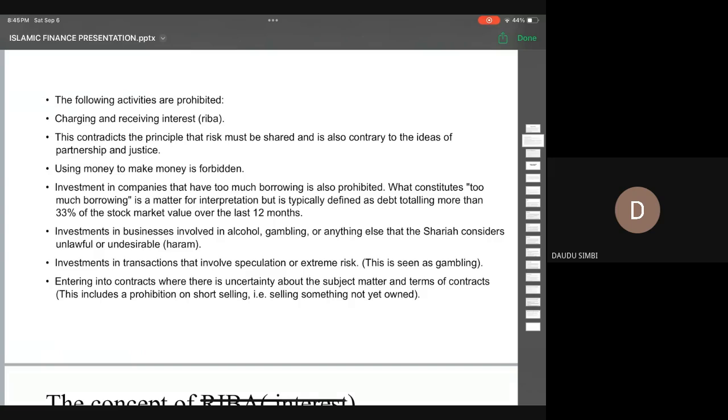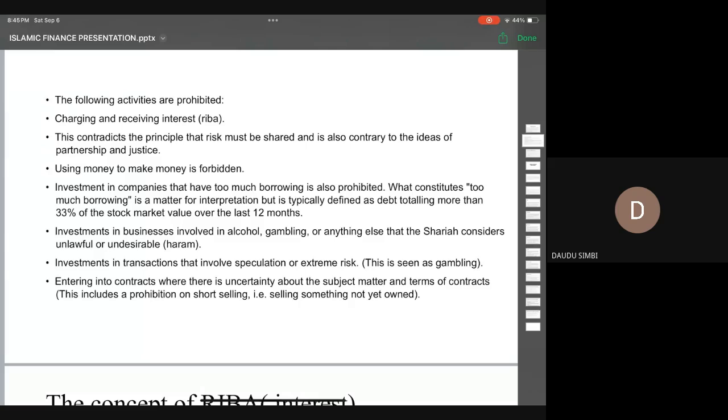So the following activities are prohibited: charging and receiving interest on certain investments. In Islam, it is prohibited. This contradicts the principle that risks must be shared, and is also contrary to the ideas of partnership and justice.